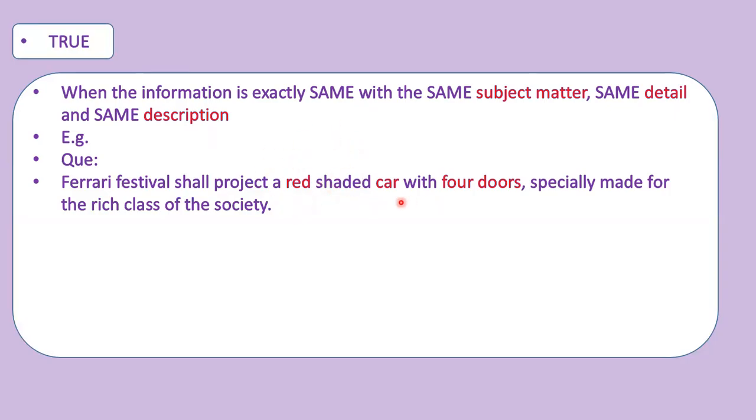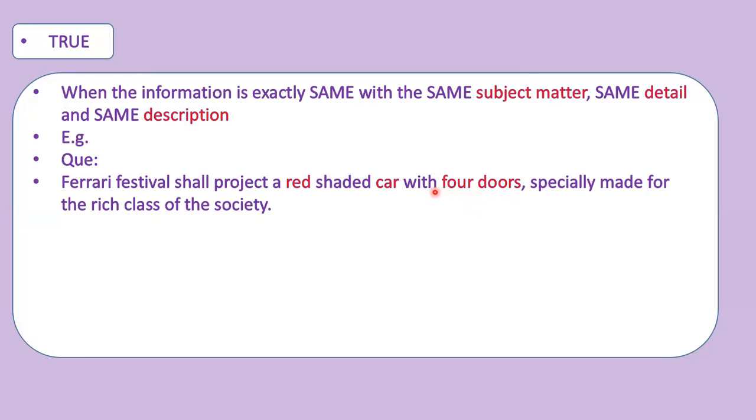Okay, let's move on to the next detail or next information. Car with 4 doors. Now you can see over here, it says 4 doors. Now I have to bifurcate it. I have to see what is description and what is detail. Is it the quantity of doors, quality of doors, number of doors, something else?